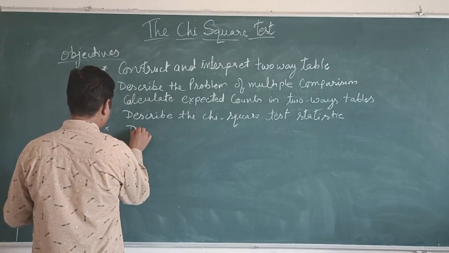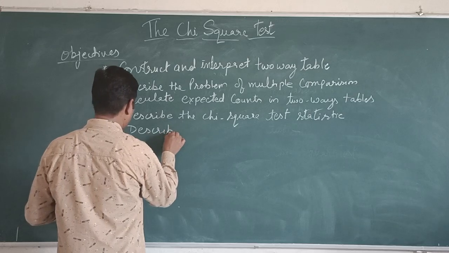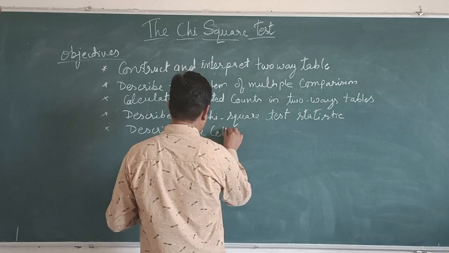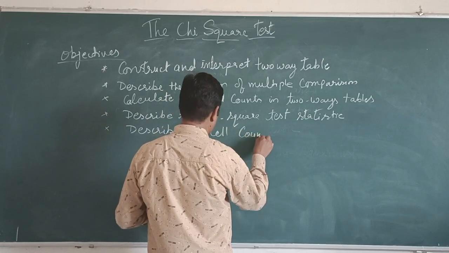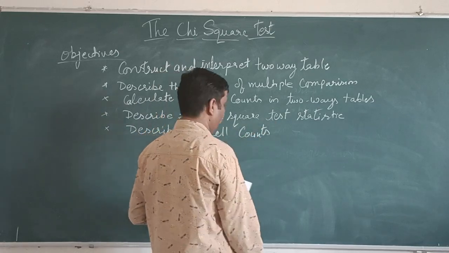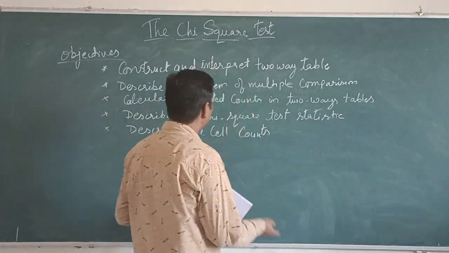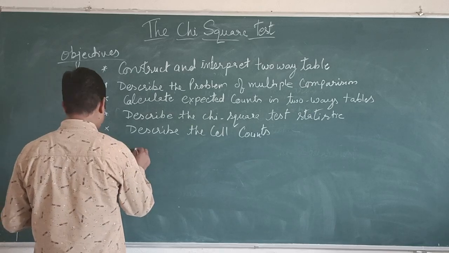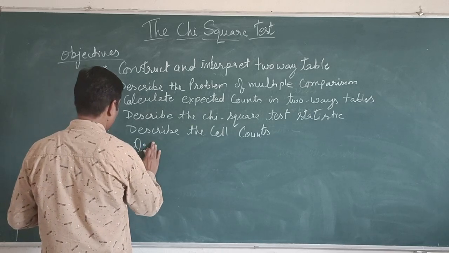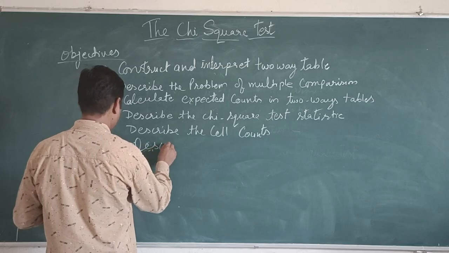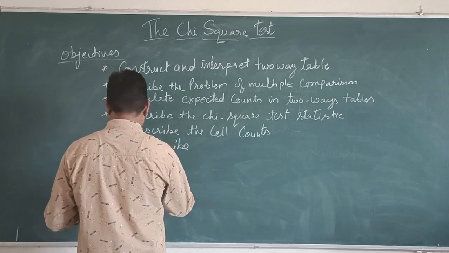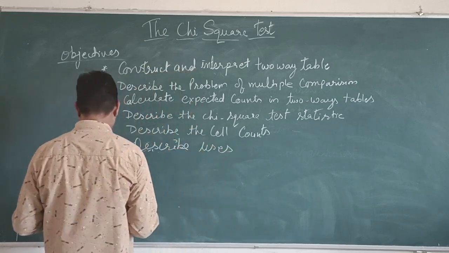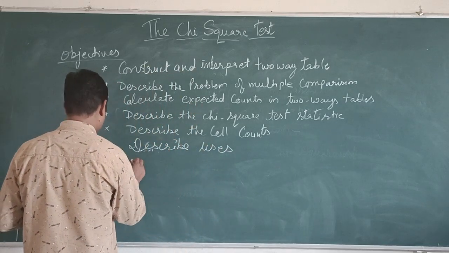Next, describe the cell counts which are required for the chi-square test. Next, describe uses of the chi-square test.